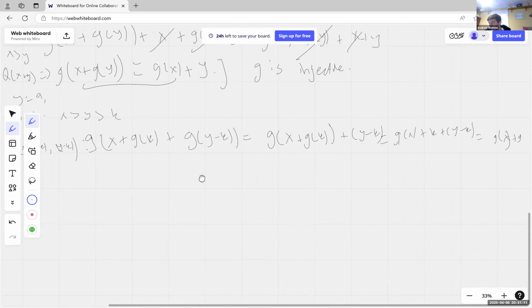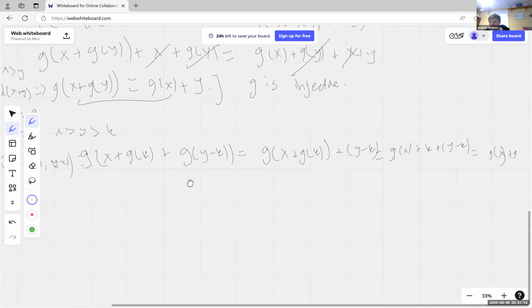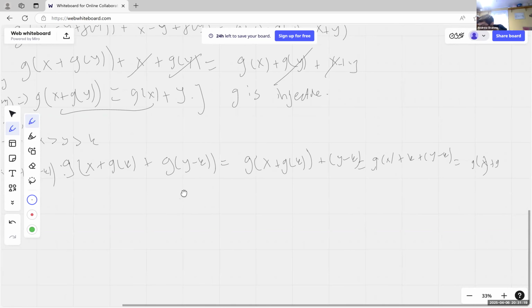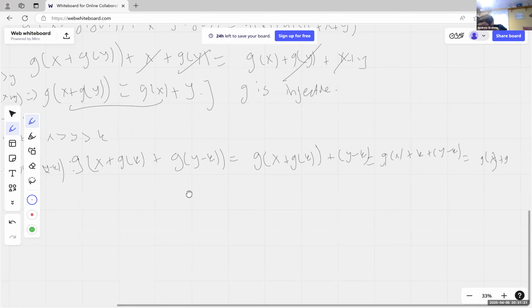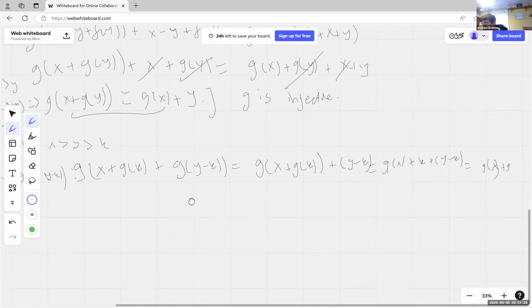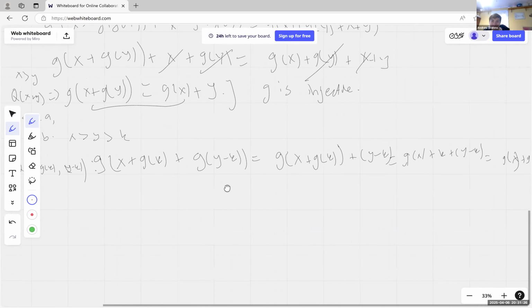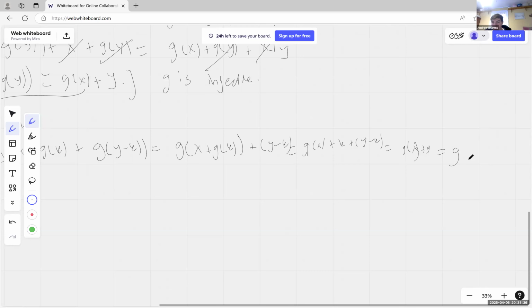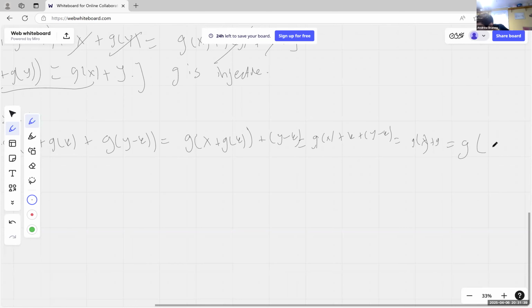Now, what this gives us, because of injectivity, is that x plus g of k plus g of y minus k is equal to g of x plus g of y, given because of just q of x comma y.